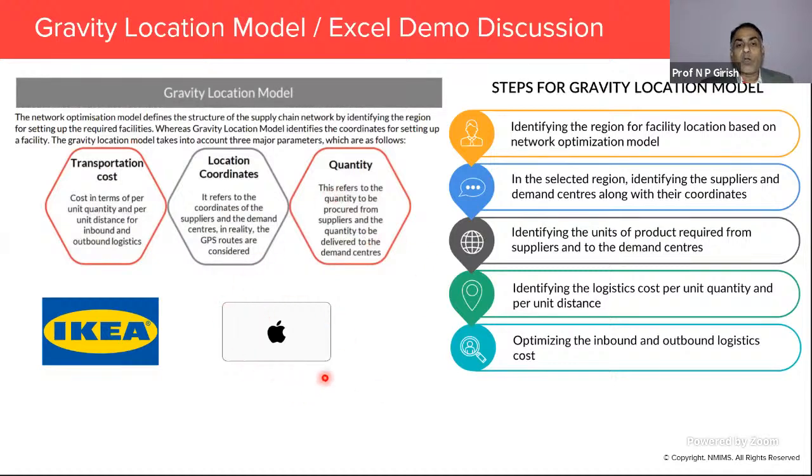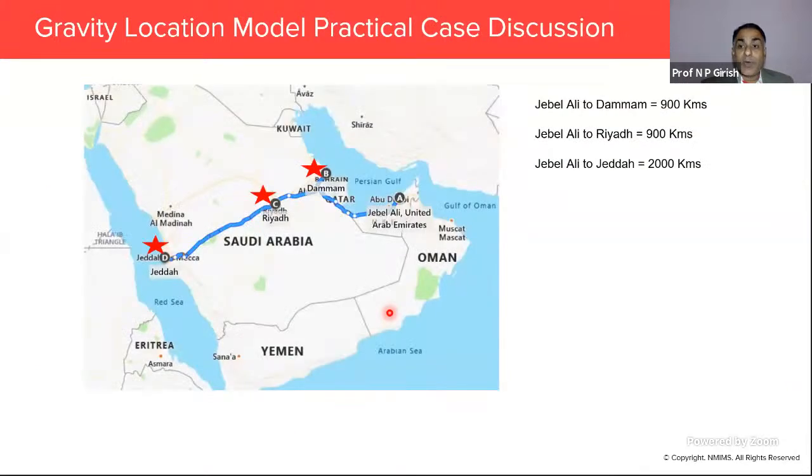Where in India, Foxconn, where in Taiwan, Foxconn, is the gravity location model. Samsung decided to move to India, network optimization; where in India is the gravity location model. Are we clear with the example and the application? If yes, we move on to the next real case example.